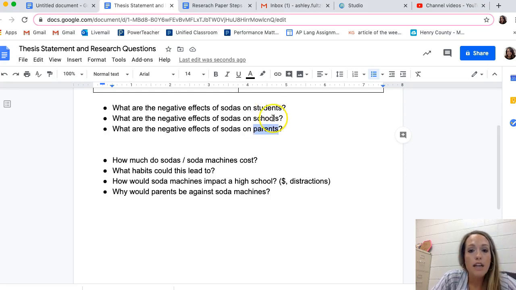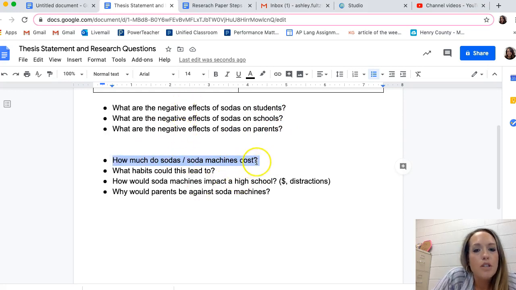They could also cost students money if you have a junior or senior or even a sophomore who has a job and they're having to shell out money. So this one could be a more detailed version of any of the first 3. So maybe we'll leave that one for now.